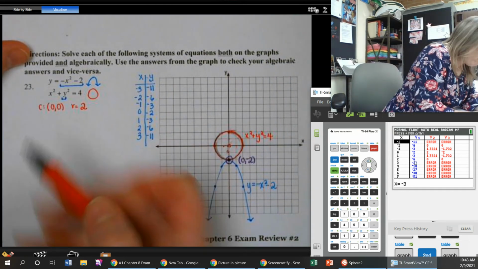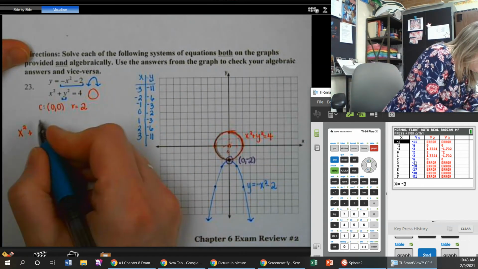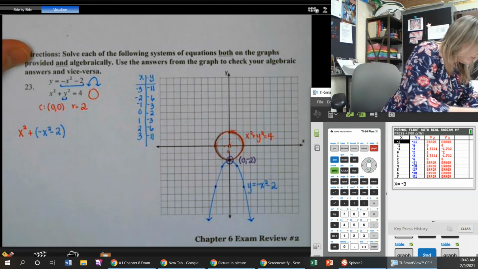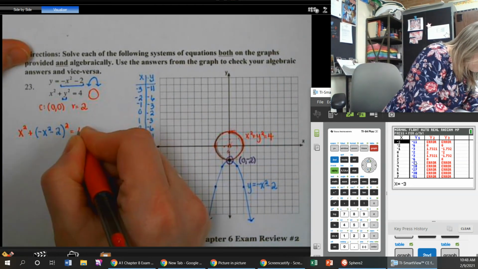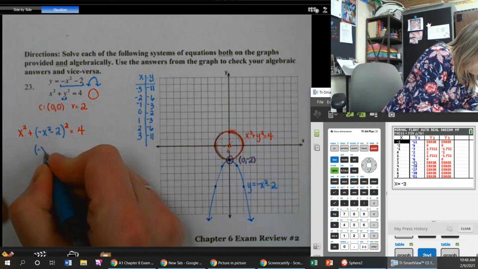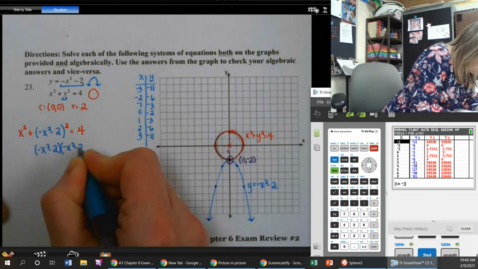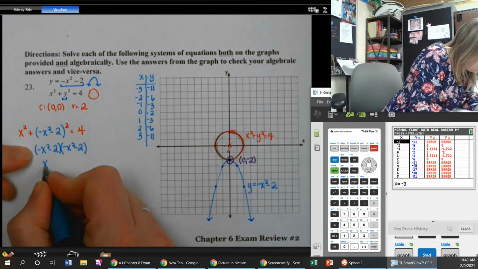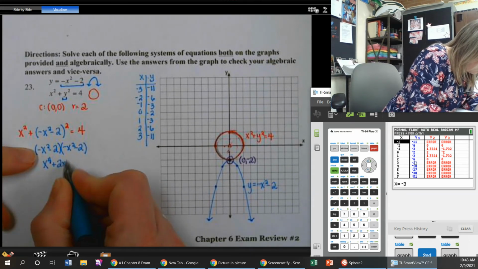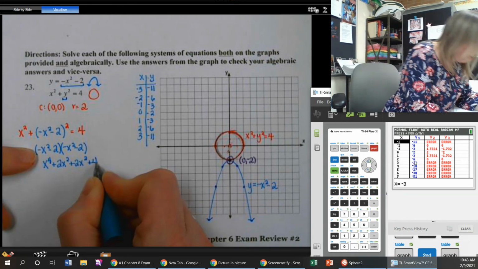So you've got x squared plus (-x squared minus 2) squared equals 4. Now what you've got here is (-x squared minus 2) times (-x squared minus 2), which means when you FOIL that, you get x to the 4th, then a positive 2x squared, and another positive 2x squared, and lastly a plus 4 here.